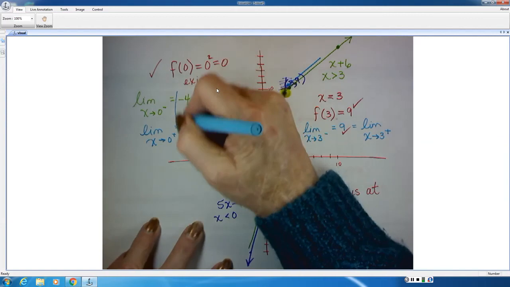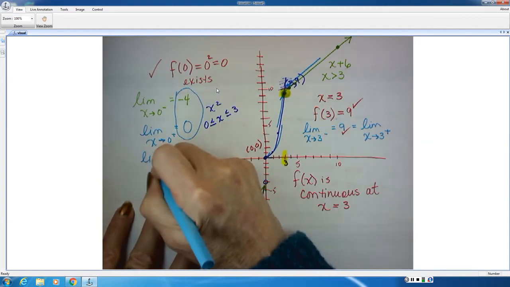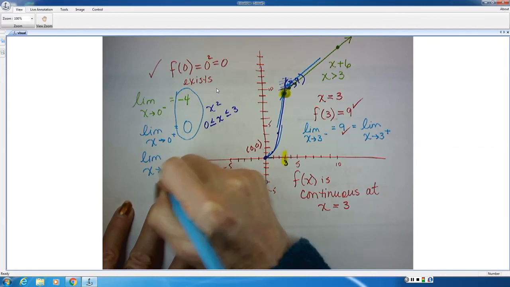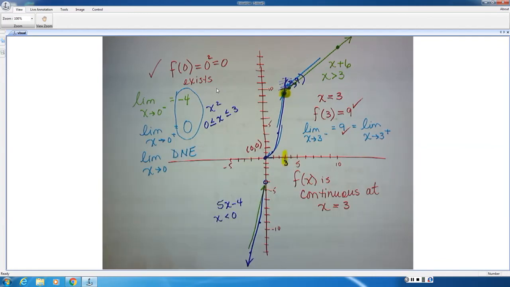Are these the same? No. Therefore, the limit as x approaches 0 does not exist because it's approaching two different numbers. It fails the second step of the continuity test.